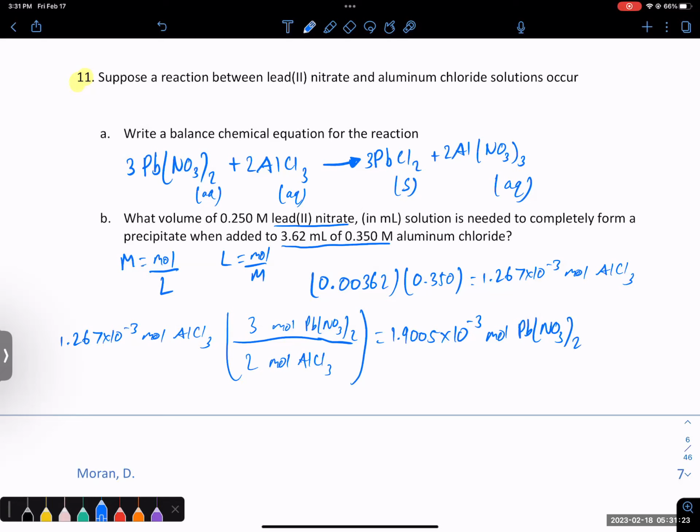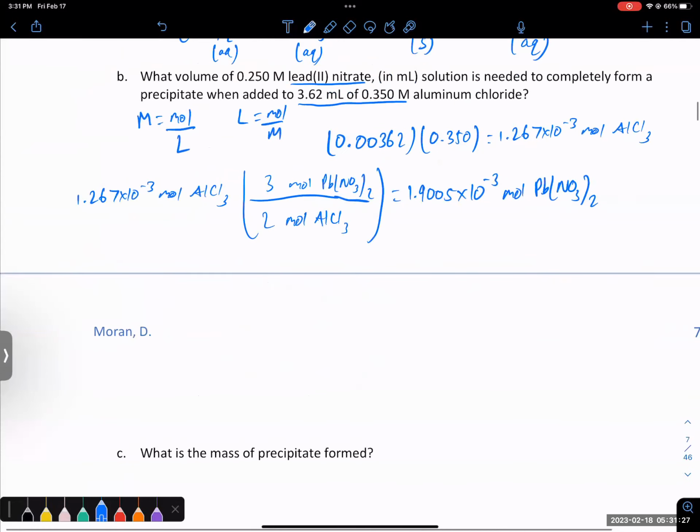All right, now we have everything we need, right? We have a molarity and we have moles. All that's left to do is plug into our volume equation. So we get 1.9005 times 10 to the minus 3 moles all over our molarity 0.250. If we solve that out, we get 7.602 times 10 to the negative 3 liters, but it's looking for milliliters.